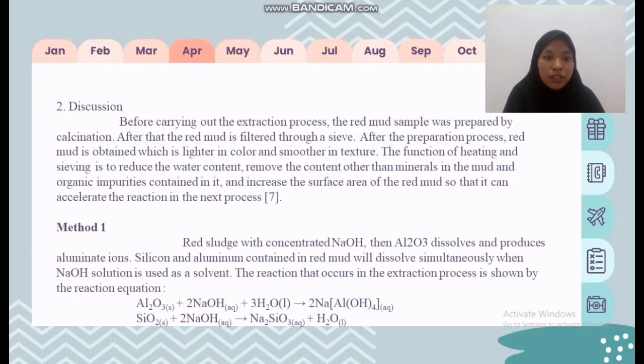The function of heating and sieving is to reduce the water content, remove odor and mineral content in the mud and organic impurities contained in it, and increase the surface area of the red mud so that it can accelerate the reaction in the next process.